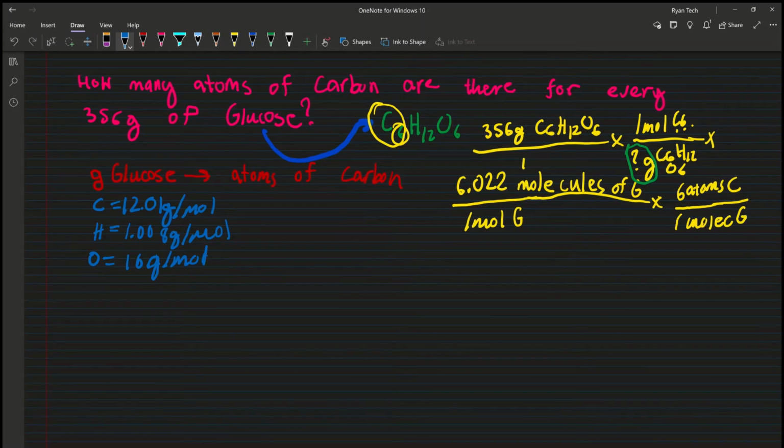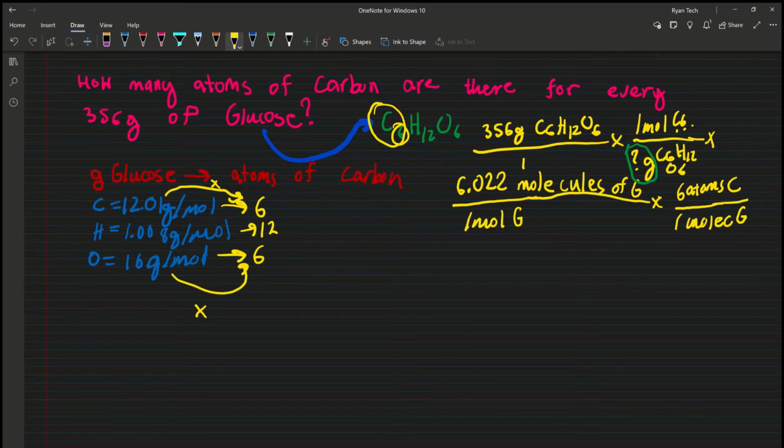Now, let's figure out the quantity. So in C6H12O6, we have 6 of these carbon atoms, 12 of these hydrogen, and 6 of these oxygen. So we're going to times each number by its quantity and then add them up. So let's do that, and just calculate it in your calculator. We start off with 12.01 times 6. That's going to be 72.06.